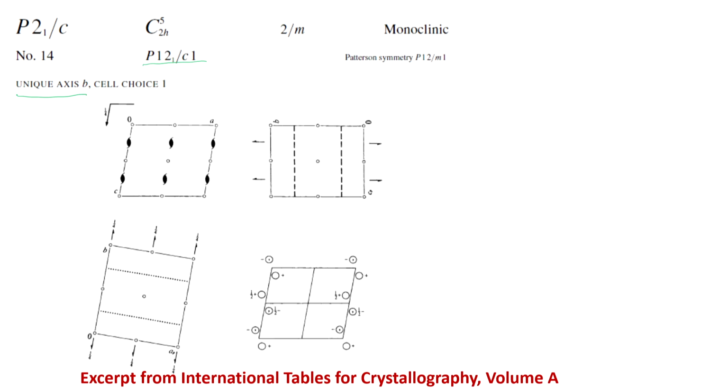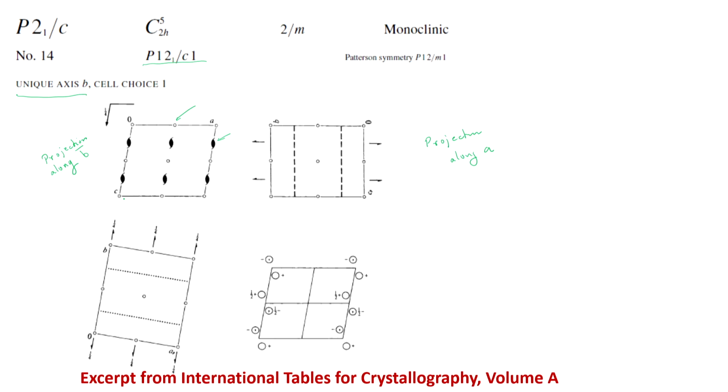So, these are the symbols, these are my screw axes and these are my centers of inversion. So, this is the projection along B. Now, this is the projection along A. As a result, if I look at the glide plane, it is the AC plane.